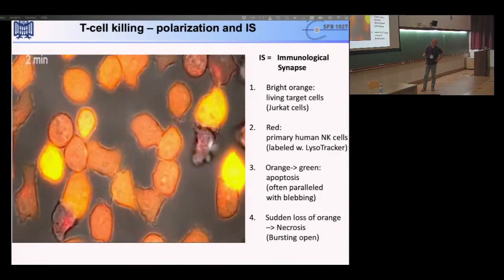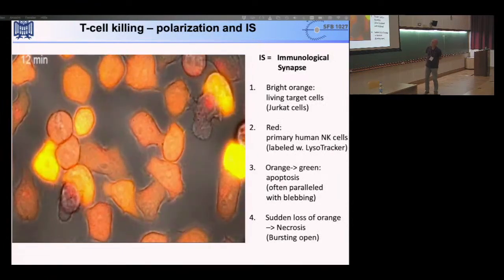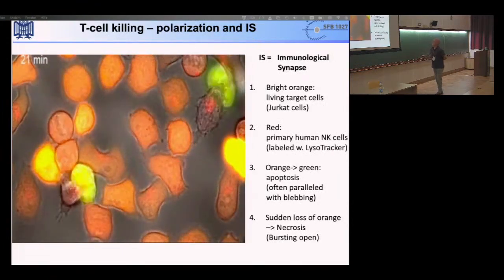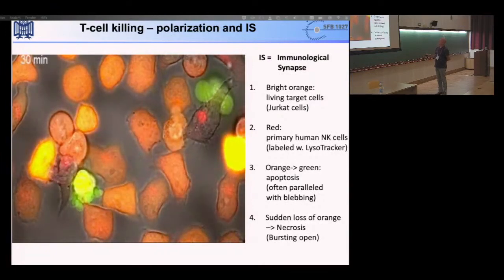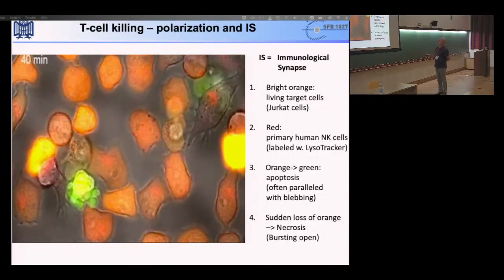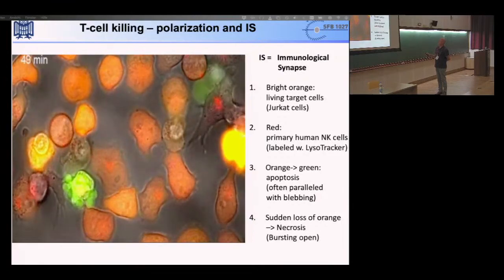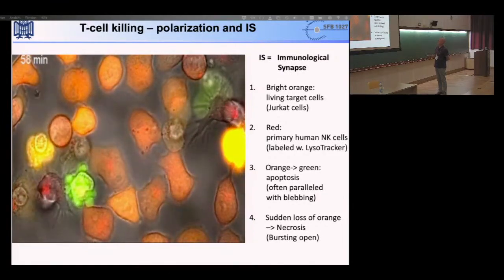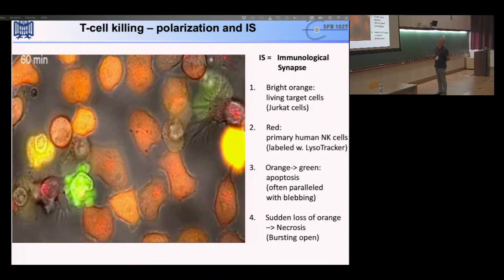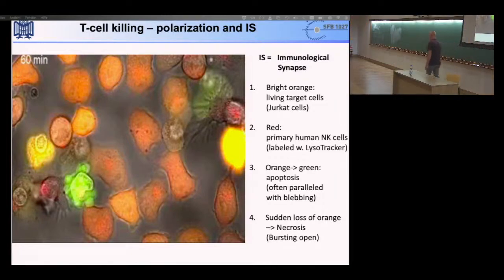Dynamics that you can see very nicely in this movie, where you have in orange the target cell, and in this non-labeled cell you find a red dot. These are the NK cells, which are labeled with LysoTracker. So lysosomes are labeled in red.